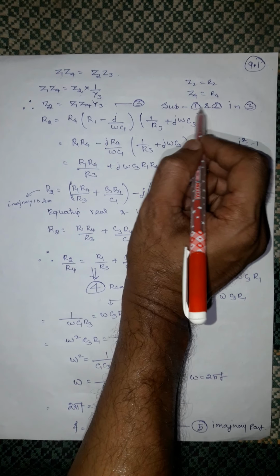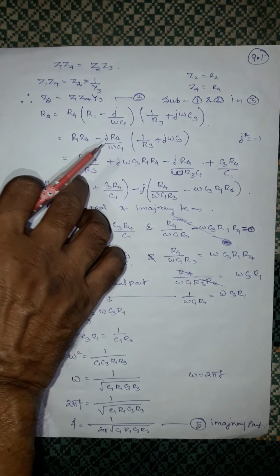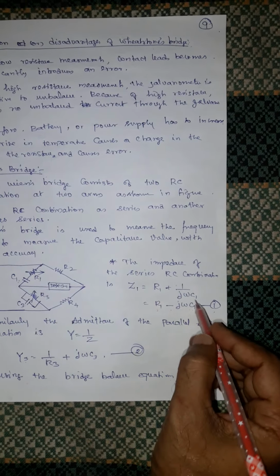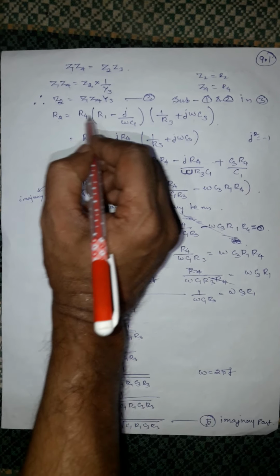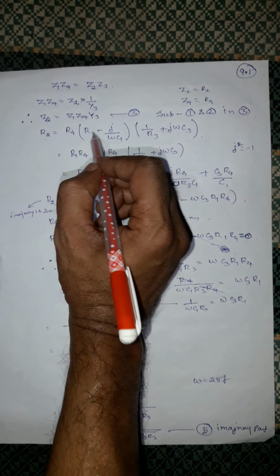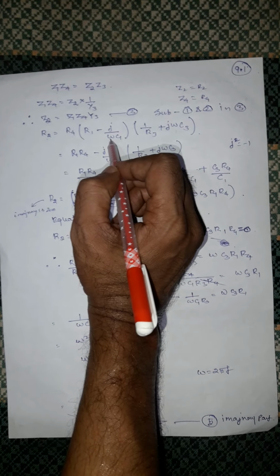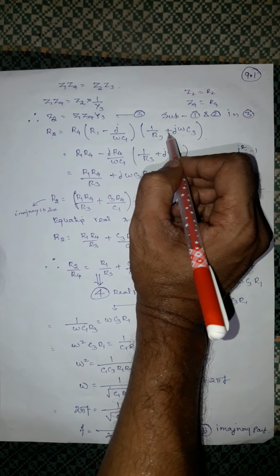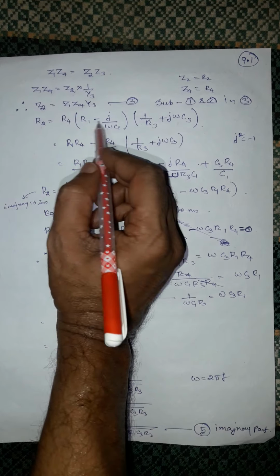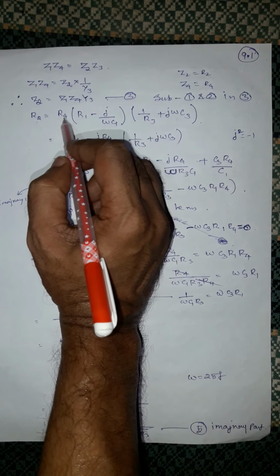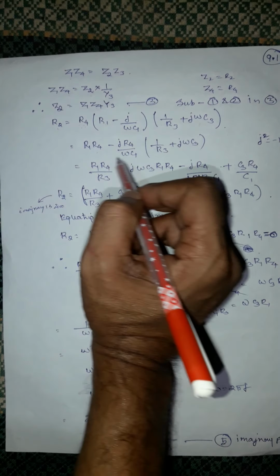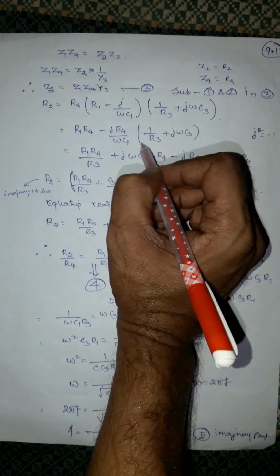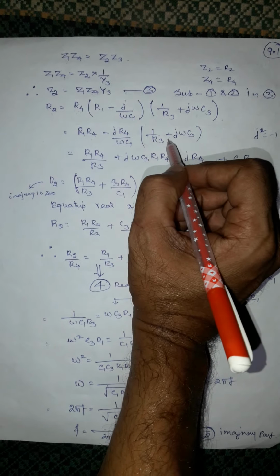Substituting equations 1 and 2 in 3, Z1 and Y3 values here. Therefore R2 equal to R4 into R1 minus j divided by omega C1, into 1 divided by R3 plus j omega C3.